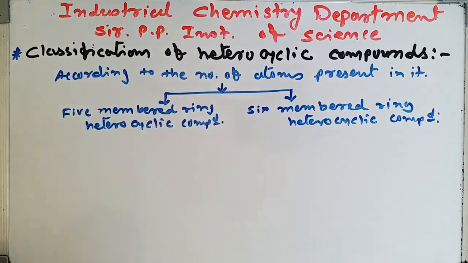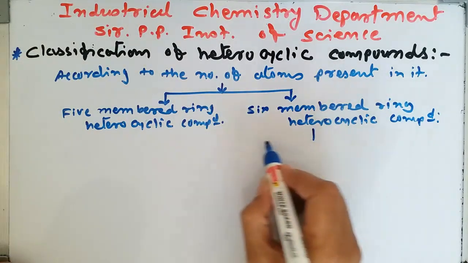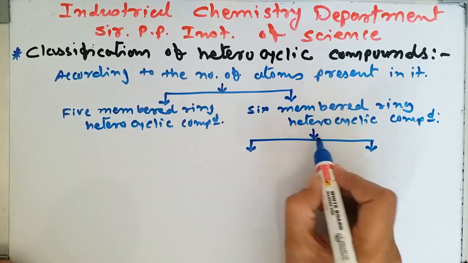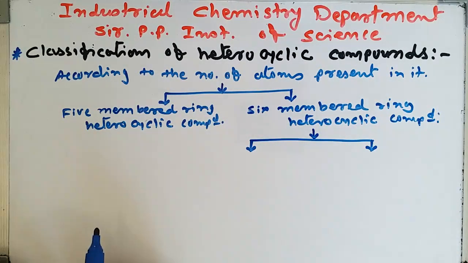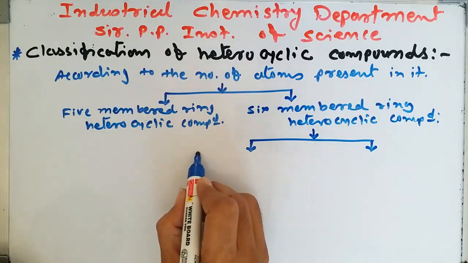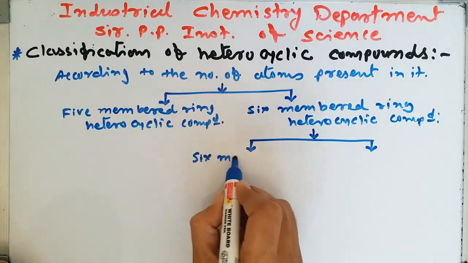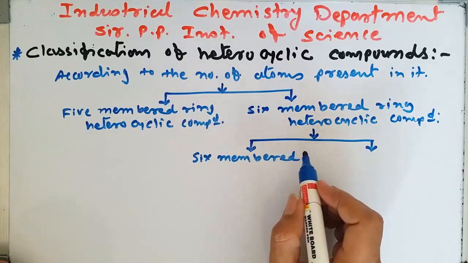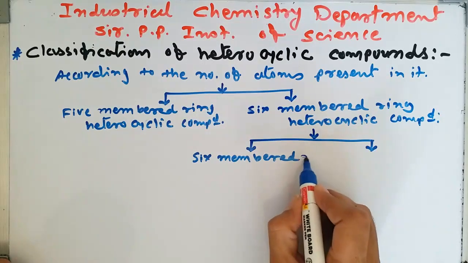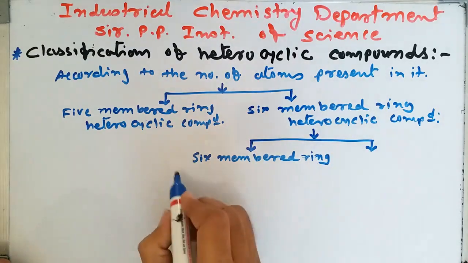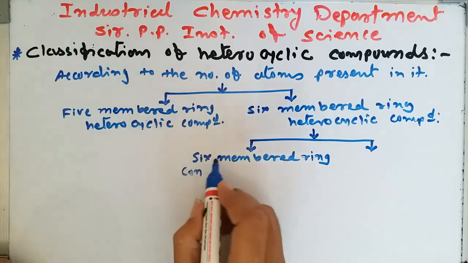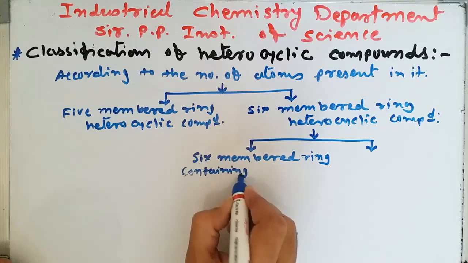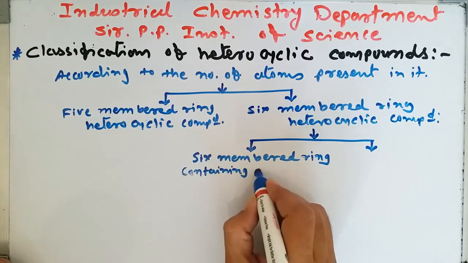These are further classified into two parts as we described in the 5-member ring. 6-member ring containing one heteroatom.